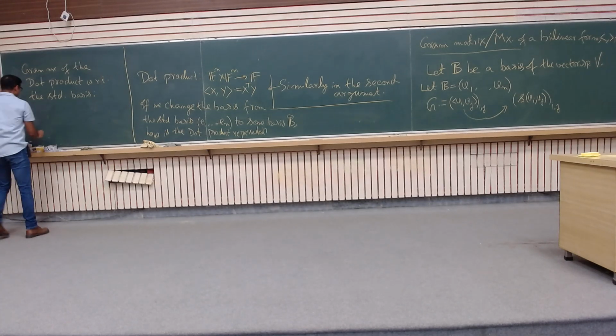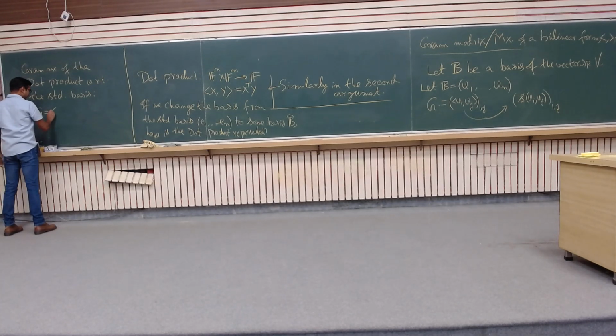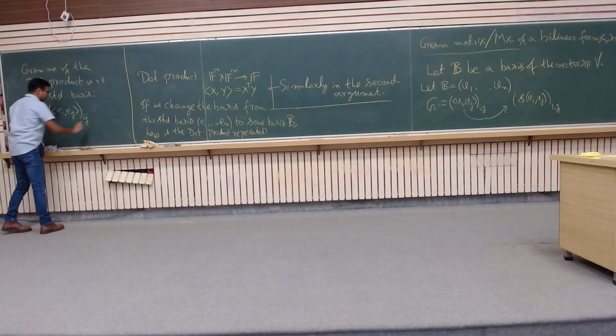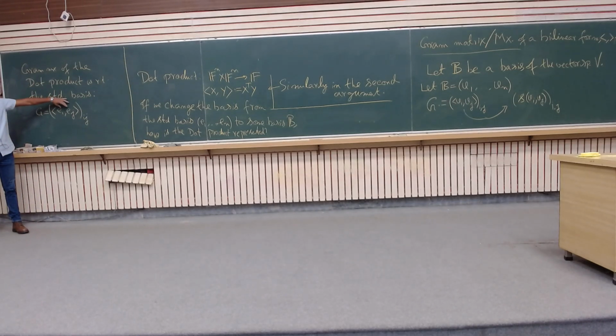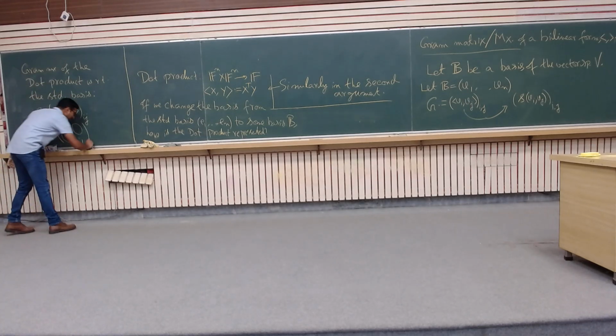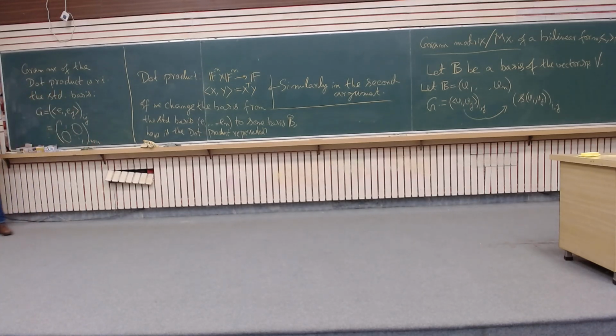Identity, sure. Because how do you define it? This is just ei, ej over ij, that is the dot product of the ith column and the jth column of the identity matrix. The columns of the identity matrix form the standard basis. Now, this doesn't give you 1 unless i and j are equal. Therefore, you get 1s on the diagonal and 0s everywhere else, so the n cross n identity matrix.